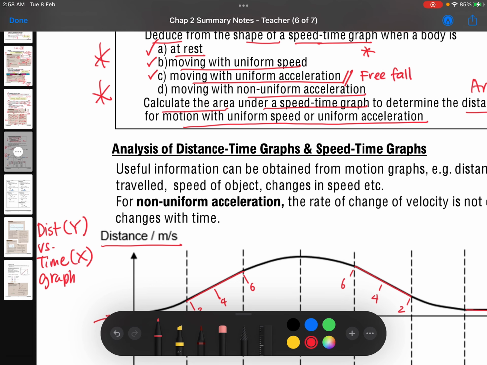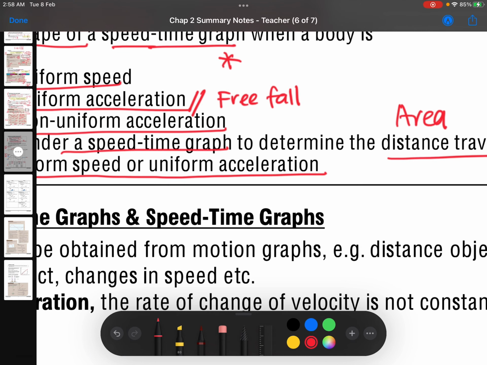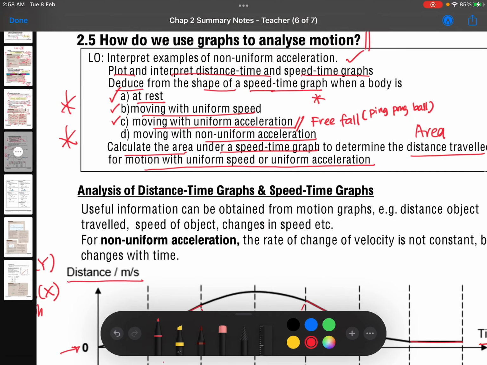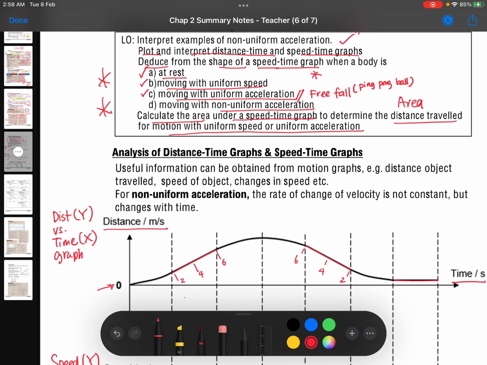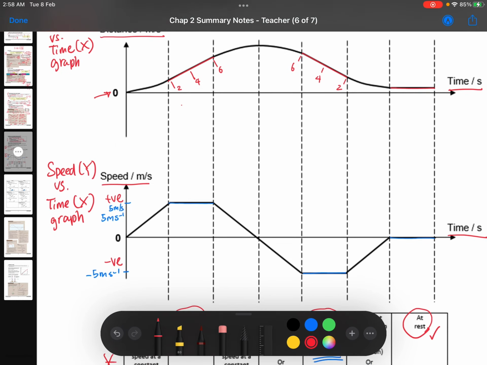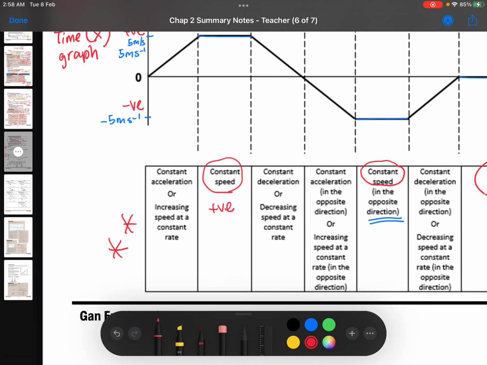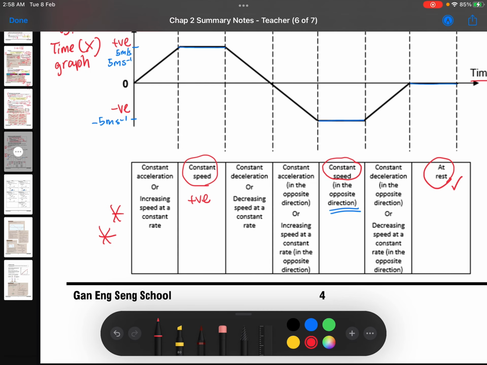If you don't remember what free fall is, remember the ping pong ball. That means when you drop the ping pong ball from the top, and assuming no air resistance, it is falling freely, you have uniform acceleration.